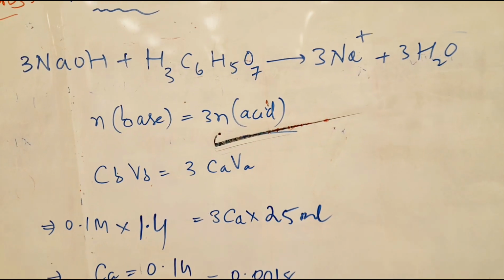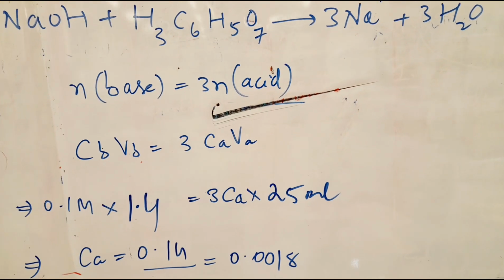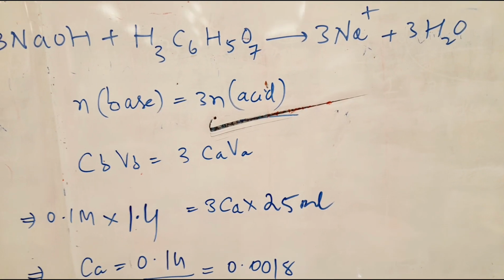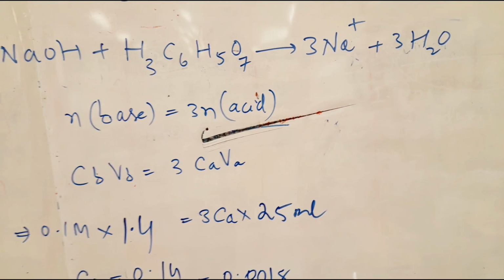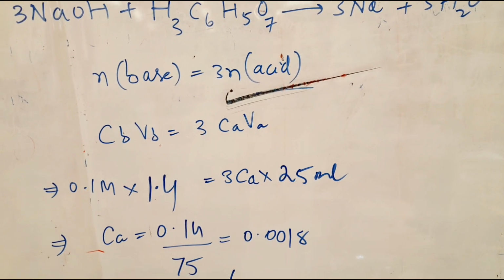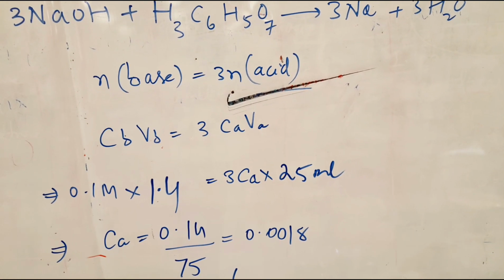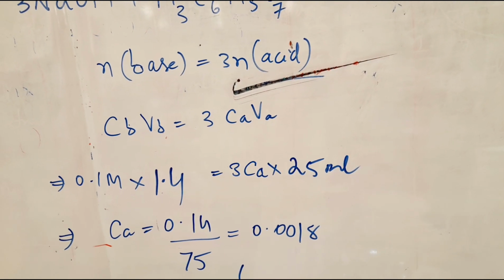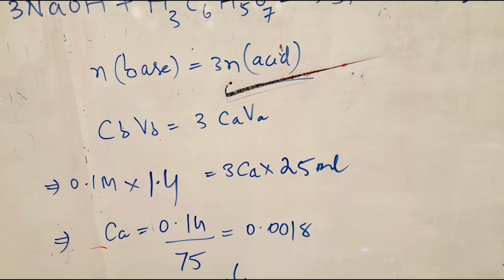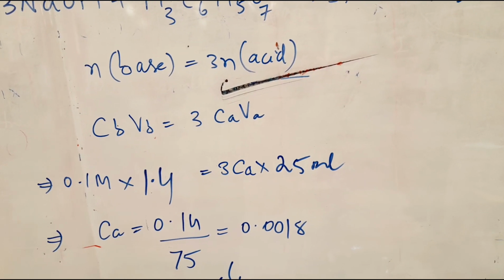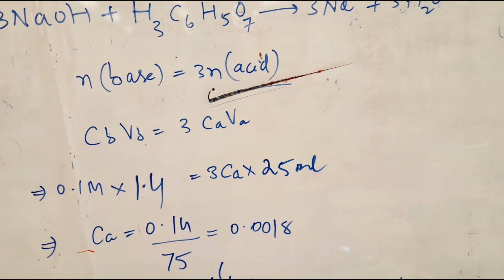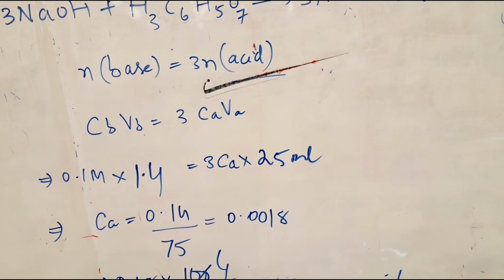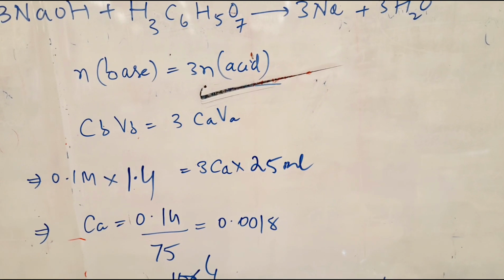So concentration of base into volume of base is equal to 3 times concentration of acid into volume of acid. That is 0.1 molar sodium hydroxide, volume of base 1.4 ml, and 3 times the concentration of acid into 25 ml of the acid taken.